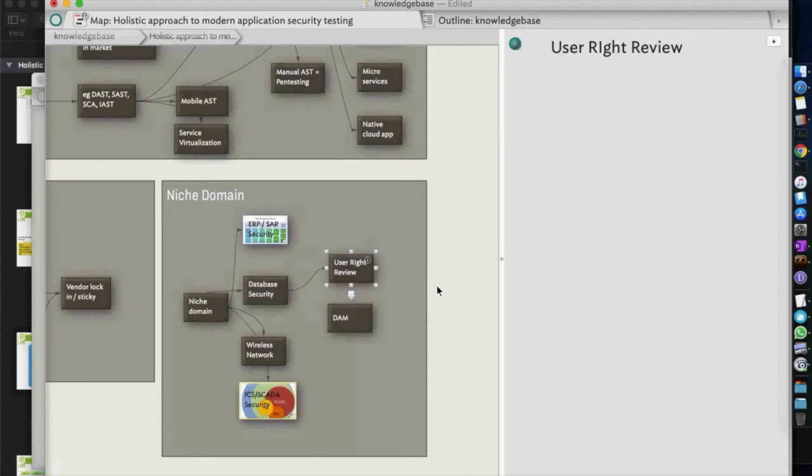Because some industries have regulatory compliance, they need to make sure for database security, like the administrator cannot see the ID and password for all those specific users within the table. They need to mask all those things and so on, right? So they have that kind of thing here.